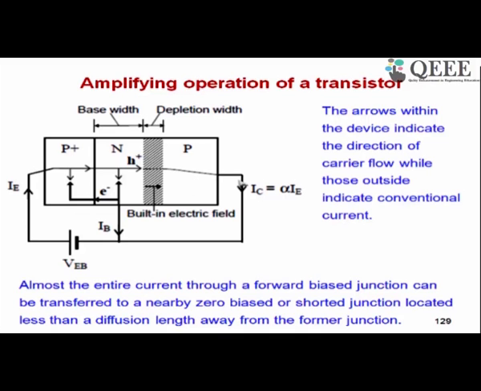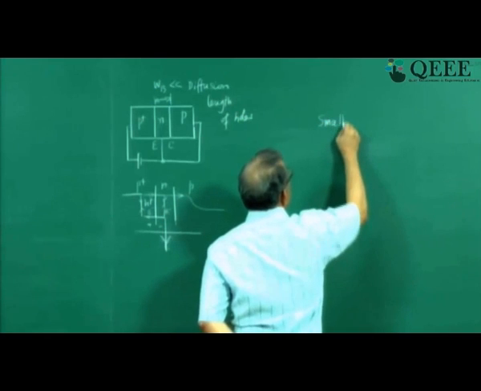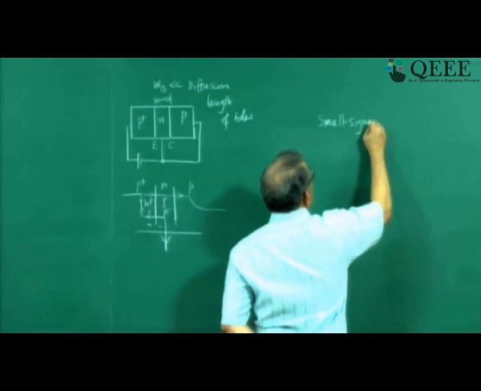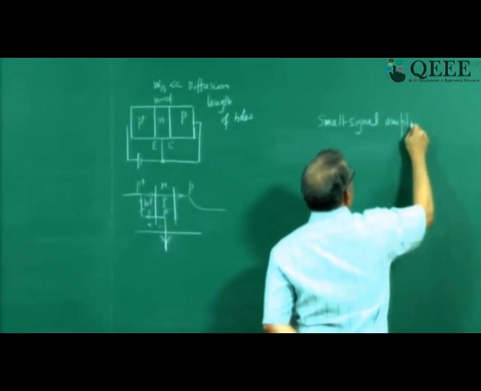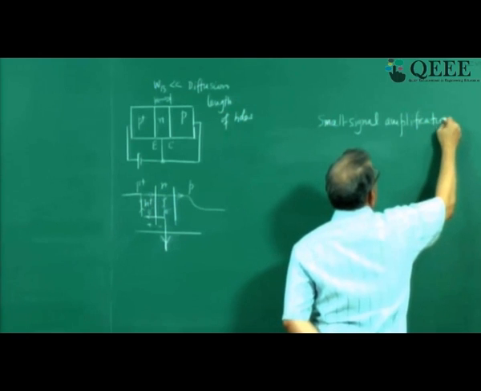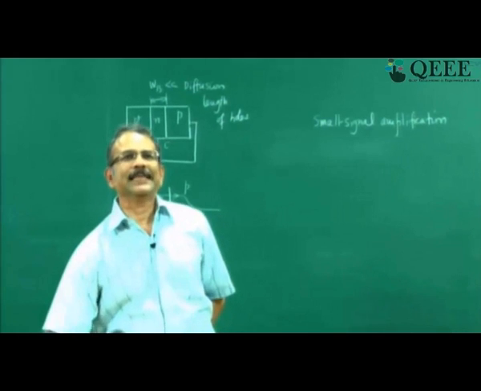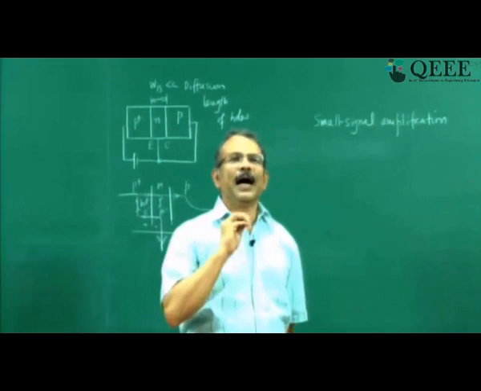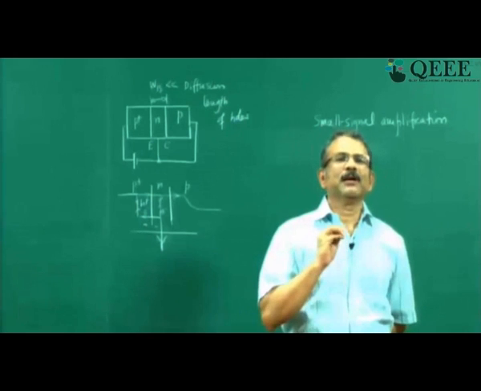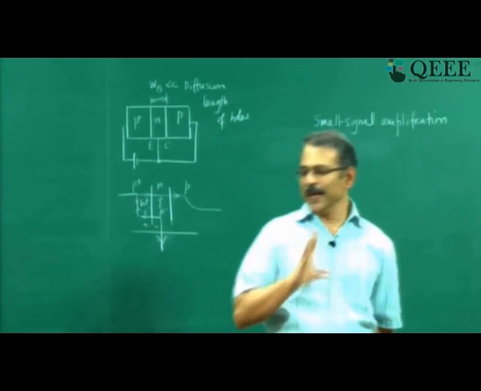Now let us explain, if you have a device like this, how it is going to give rise to amplification. When we talk about amplification, we must always remember we talk about small signal amplification. That means we apply an AC voltage or an AC current, and we want that AC current or voltage to be amplified.